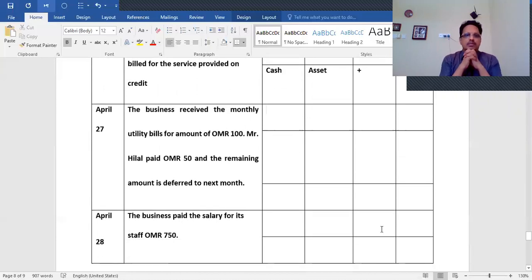Now the business received a monthly utility bill of 100 real. Mr. Hilal paid 50 and the remaining amount was deferred to next month. This is a triple compound journal entry. It means you received a utility bill, which is an expense. First you have to understand that utility is an expense.